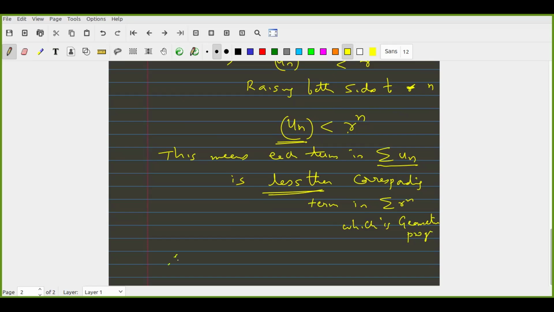So therefore our series summation un is definitely such that every term is less than the corresponding term on the right hand side, that is summation r^n. Therefore, our series is behaving similarly to this, so it's convergent. So we are done with case 1.